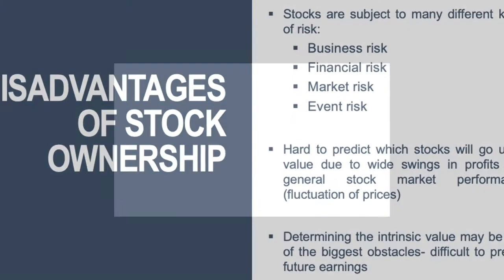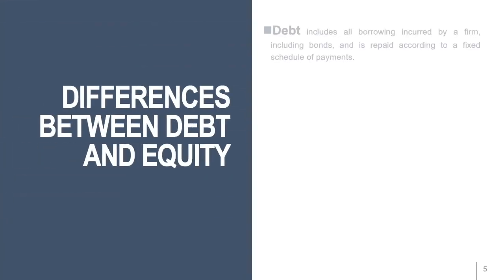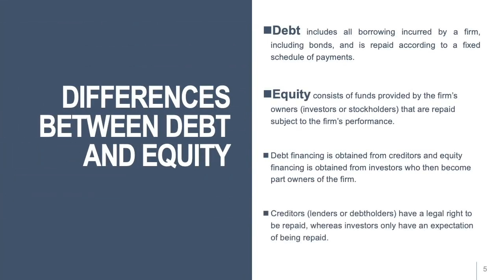Now we move to the difference between debt and equity. So what is debt? Debt includes all borrowing incurred by a firm, including bonds, and is repaid according to a fixed schedule of payments. Whereas equity consists of funds provided by the firm's owner, which is the investor, or we call it a stockholder, that are repaid subject to the firm's performance.